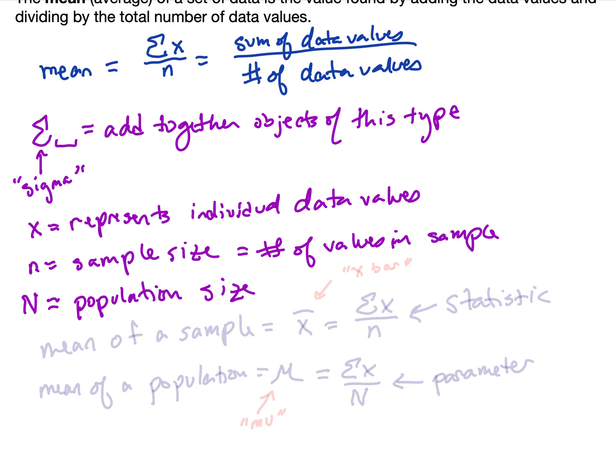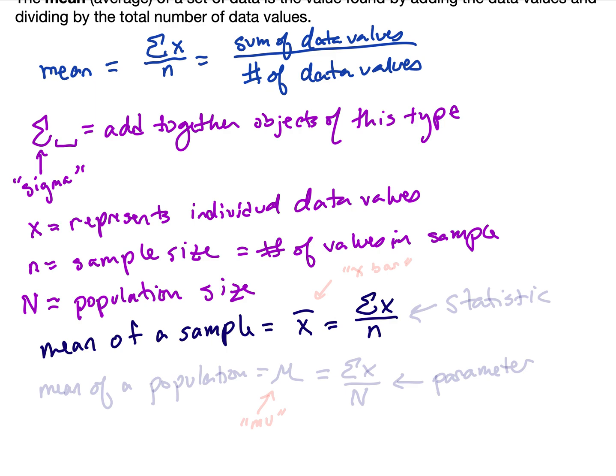Okay, so how does that relate back to the mean? The mean of a sample is denoted by x with a bar over it, and it's equal to what we have written above, the sum of all the data values divided by the sample size.